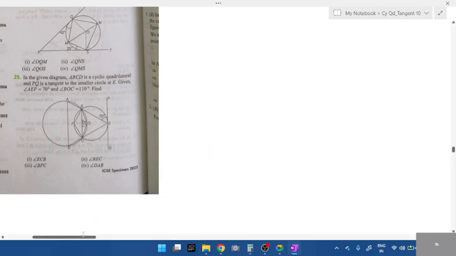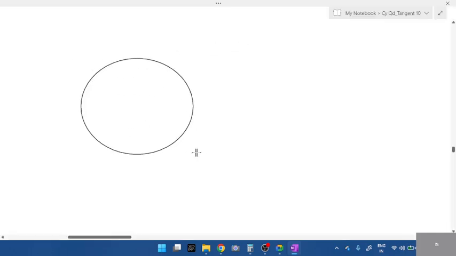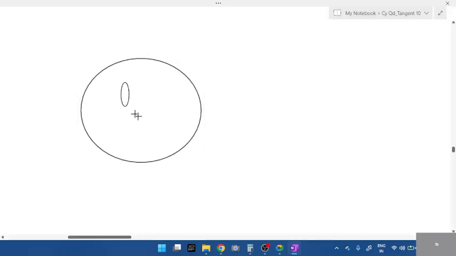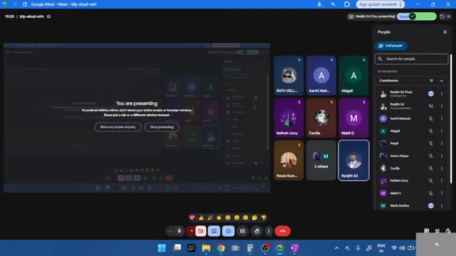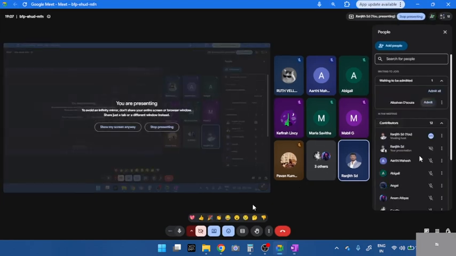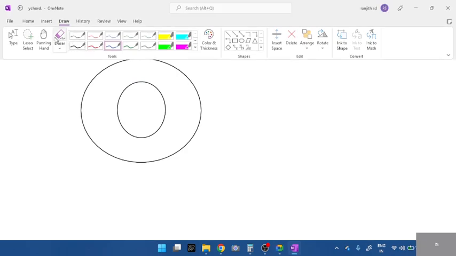Before starting this question, I'll tell you what a concentric circle is. They're not that important, but I'll tell you. A concentric circle is a circle within a circle, two circles inside. The only difference is the diameter and radius, because the size is different.